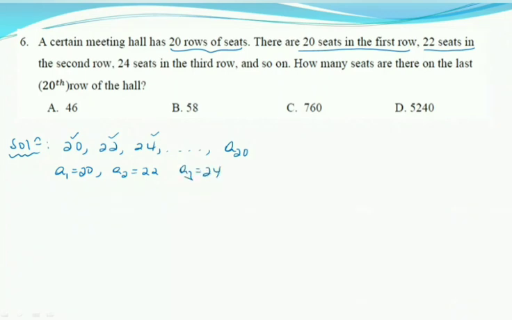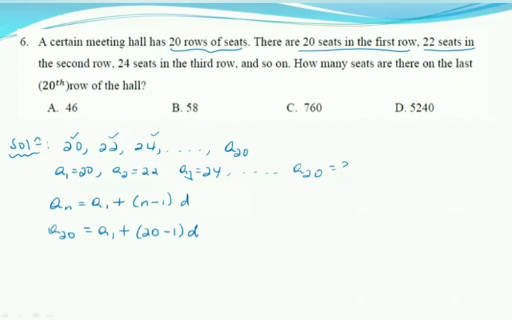Then according to this notation we are asked the 20th row. So we apply the nth term formula to calculate the number of seats in the 20th row. So A20 is equal to A1 plus 20 minus 1 times d.